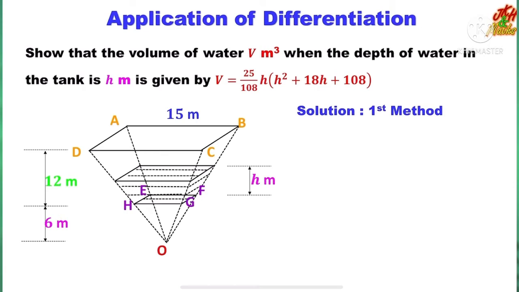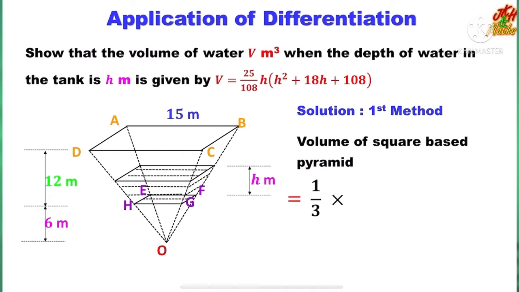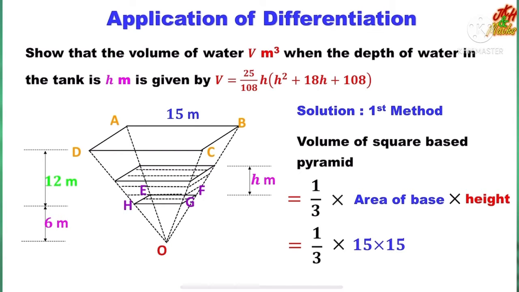This is the solution for the first method, where we need to find the volume of the square base pyramid. The volume of a square base pyramid is given by the formula one third multiplied with area of base multiplied with the height of the pyramid. Based on the diagram, the area of base is 15 multiplied with 15, where the square side is equal to 15 meter.